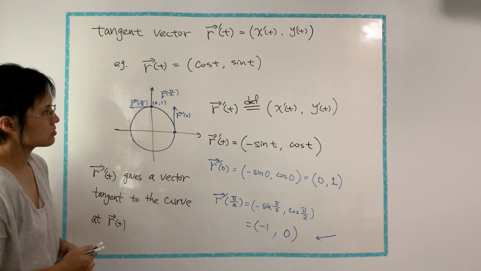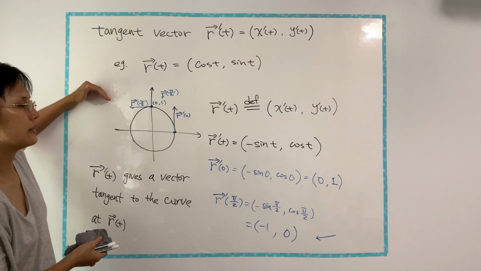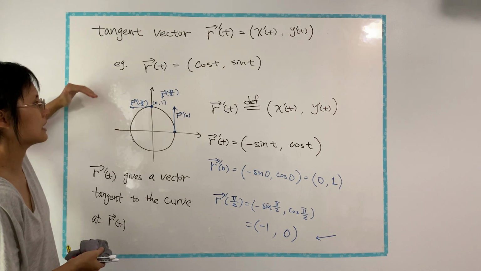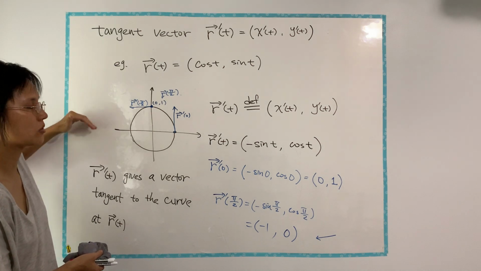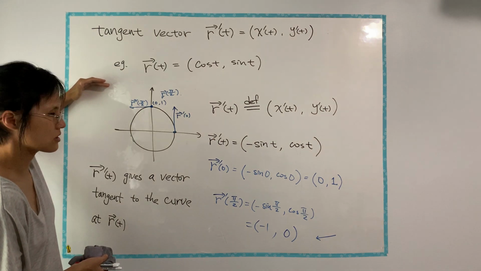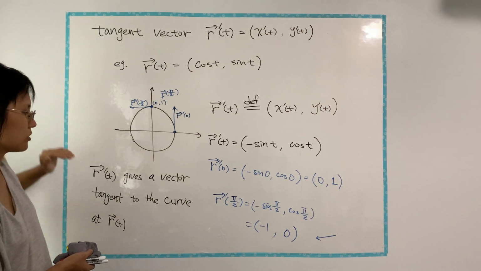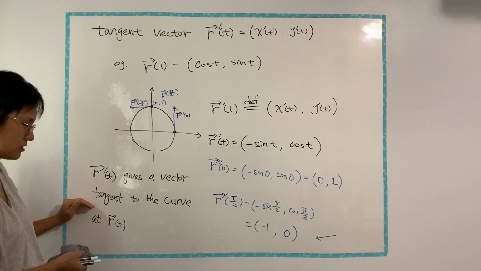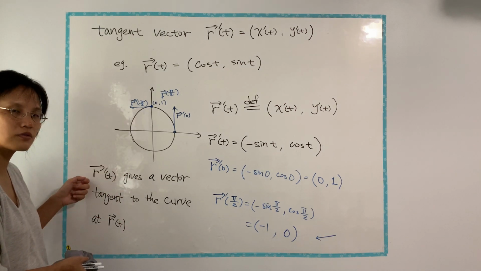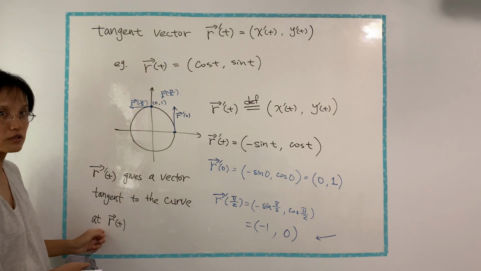Okay. So from now on, we understand if we're given a vector valued function, or a plane curve, or a space curve, or parametric equations, and we're looking for tangent vectors to the curve, we use the derivative of the vector valued function to find the tangent vectors.